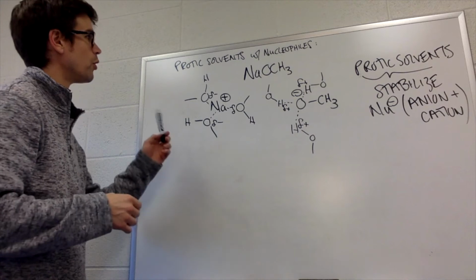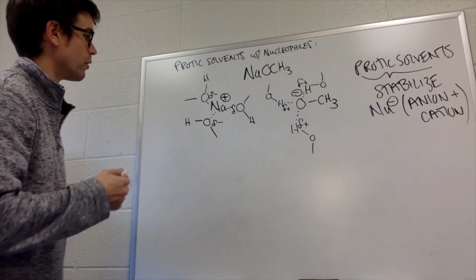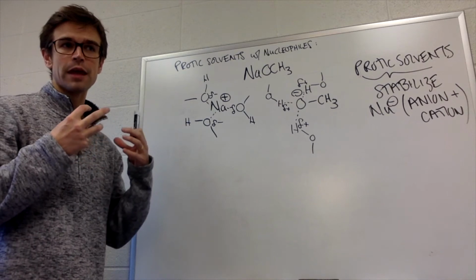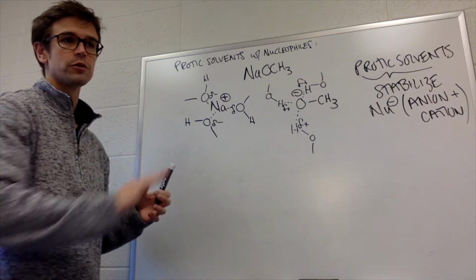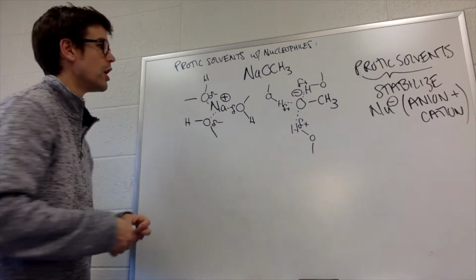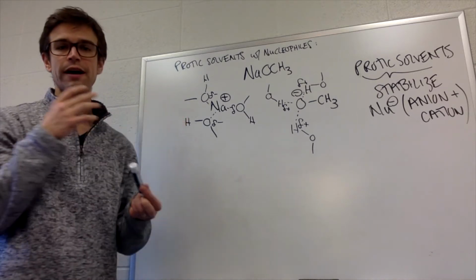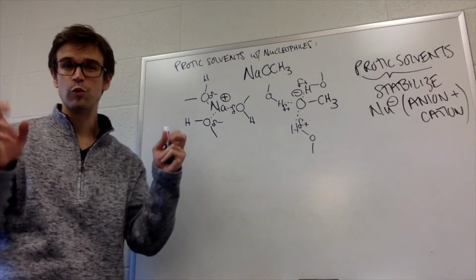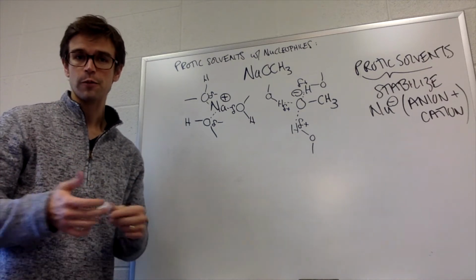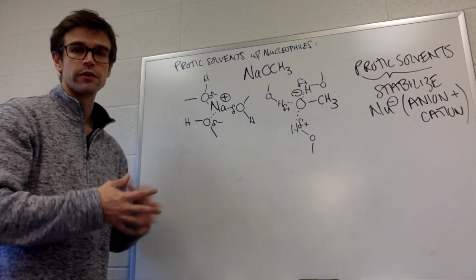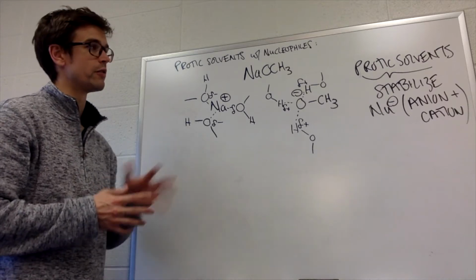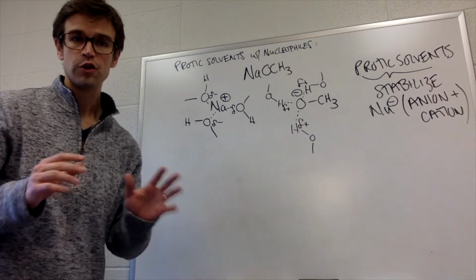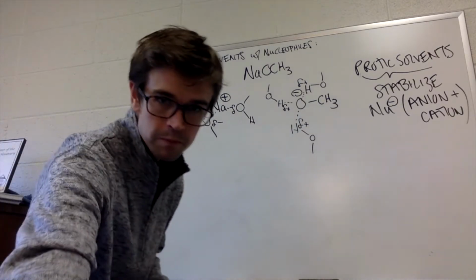So that's polar protic solvents. Not only do they stabilize and make the intermediates of a lower level, which would make the SN1 reaction faster, but also they make the nucleophiles weaker, which also makes them more willing to wait around. So that's one of the reasons why these protic solvents are more ideal for SN1 unimolecular types of reactions.